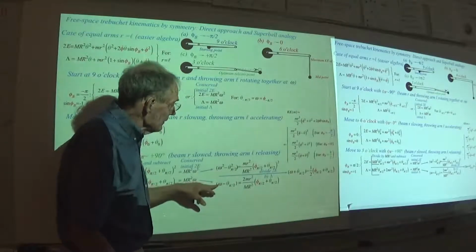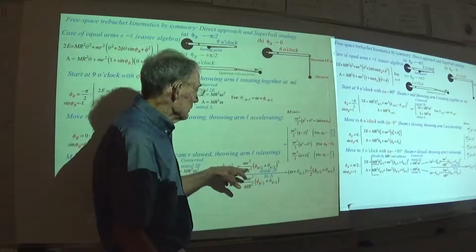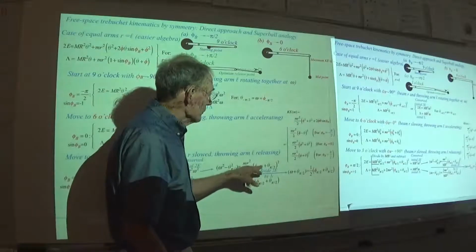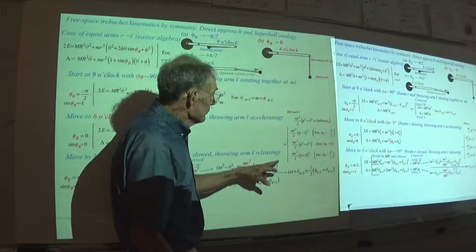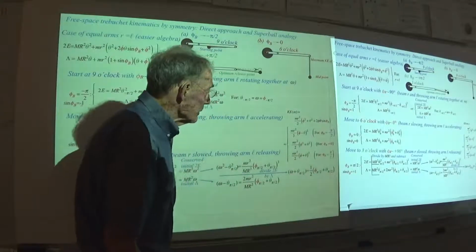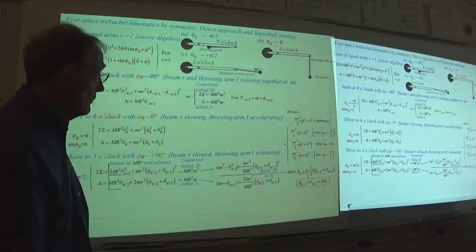Omega minus theta cancels, so we get an omega plus theta. And then this thing has a similar form, and since these are both the same quantity, this one squared, that just leaves me with a linear expression here, which we can turn into one for the final velocity.